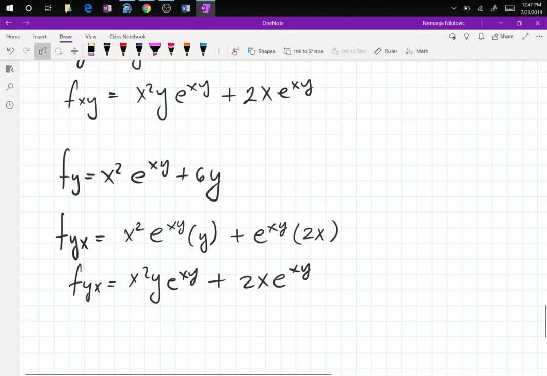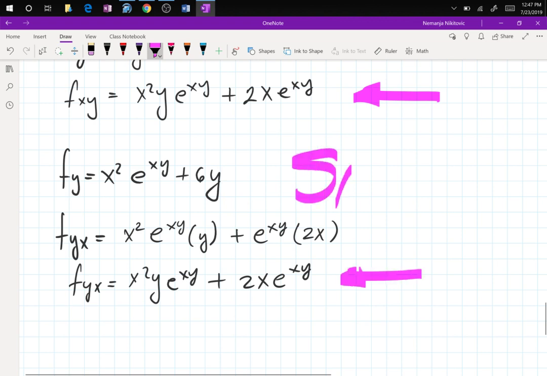And what are you noticing? There is a theorem that says that the mixed partial derivatives are the same, regardless of the order in which you take them. You can do xy or you can do yx.